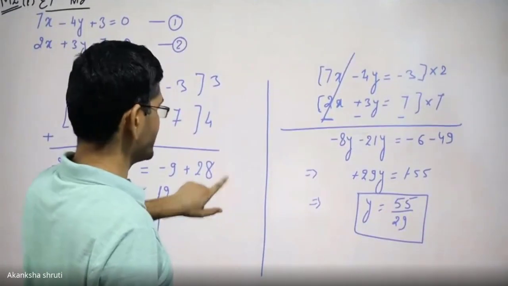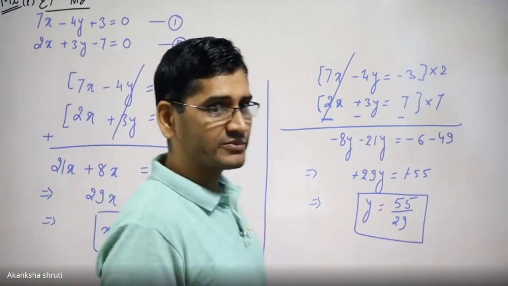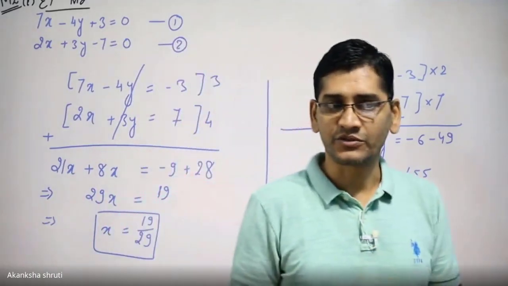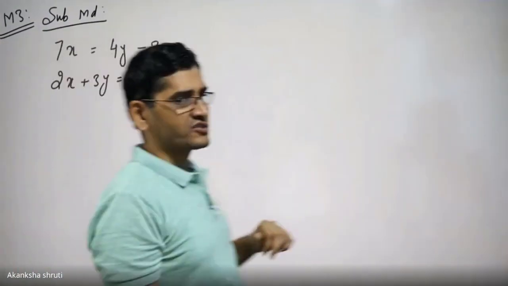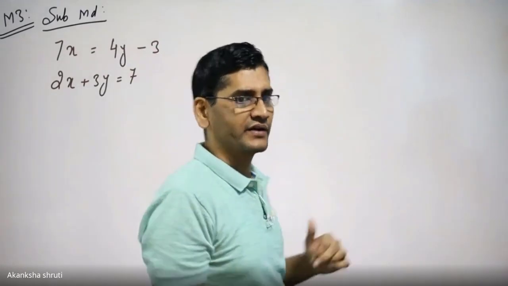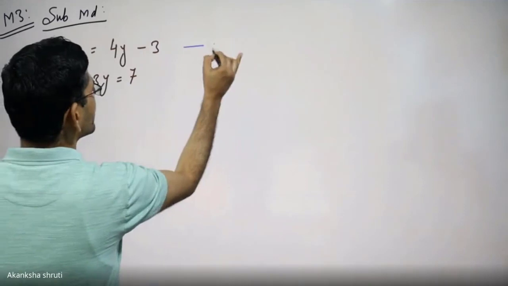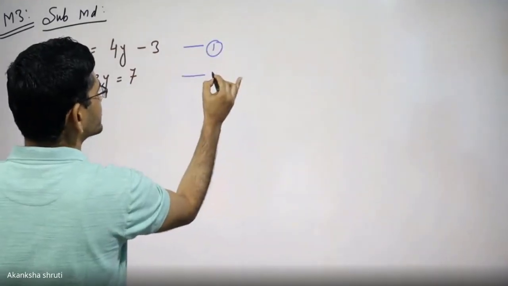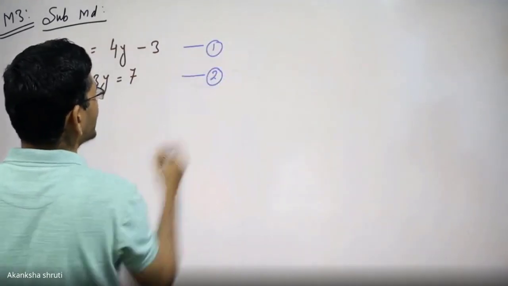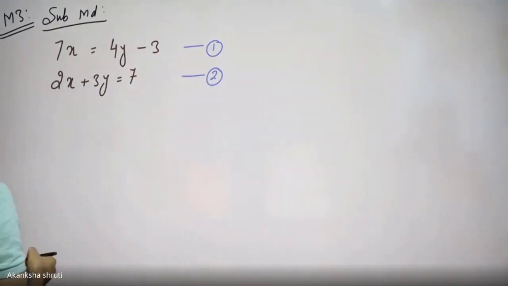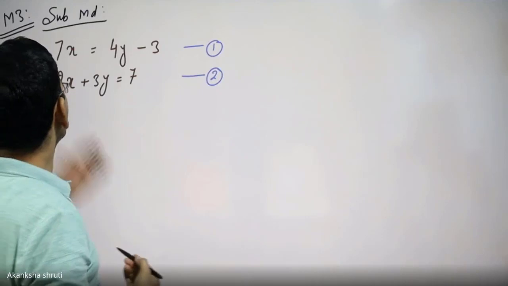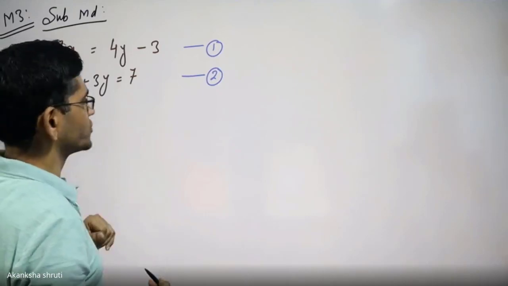So after this, the elimination. Now let us solve this by the substitution also. Students, let us solve the same question by the substitution method. In the substitution method, we have learned that one of the variables is calculated from equation 1 and it is substituted in equation 2. You are free to take that variable either from the 1 or from the 2.